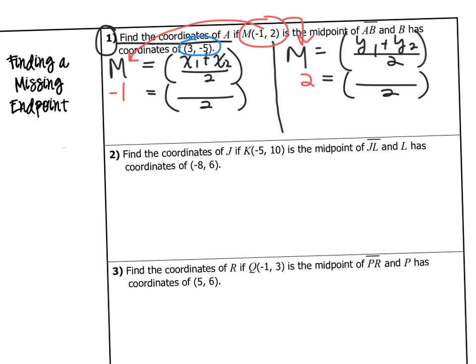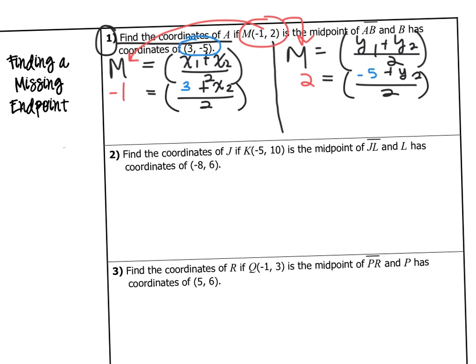The other values that were given to me were 3 comma negative 5. So I'm going to plug in 3 here, negative 5 over here. And what I'm left with is what I am solving for. So it looks like I'm solving for x sub 2 and y sub 2.